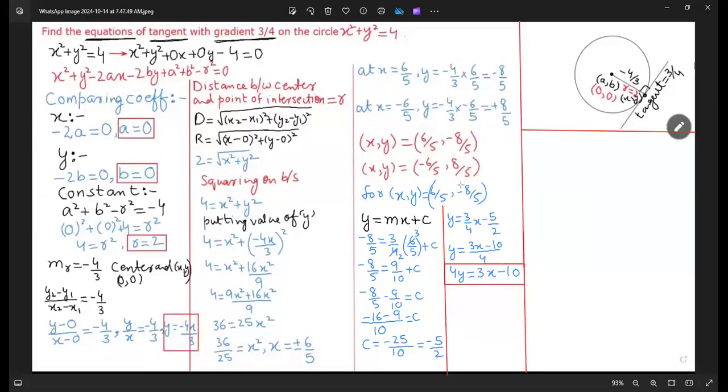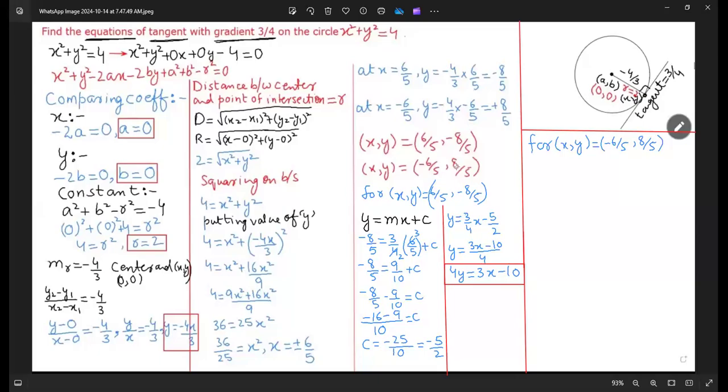Now I'm going to do the same working for this one, which is given over here. See, for x comma y, which is given to me as minus 6 over 5 comma 8 over 5. These are the values which we are given.